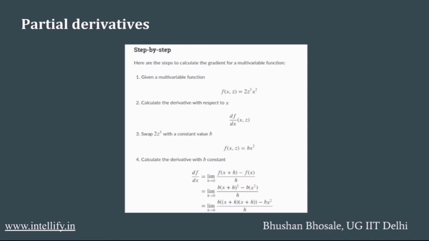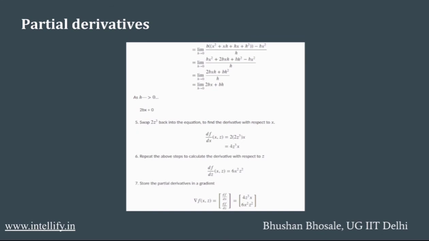As we know, the derivative of x square is 2x, so it would be 2z cube into 2x, which is 4z cube x. So swap 2z cube with a constant value b, which gives bx square, and then we apply the formula, and we would get 2bx. So that would be equal to 4z cube x.